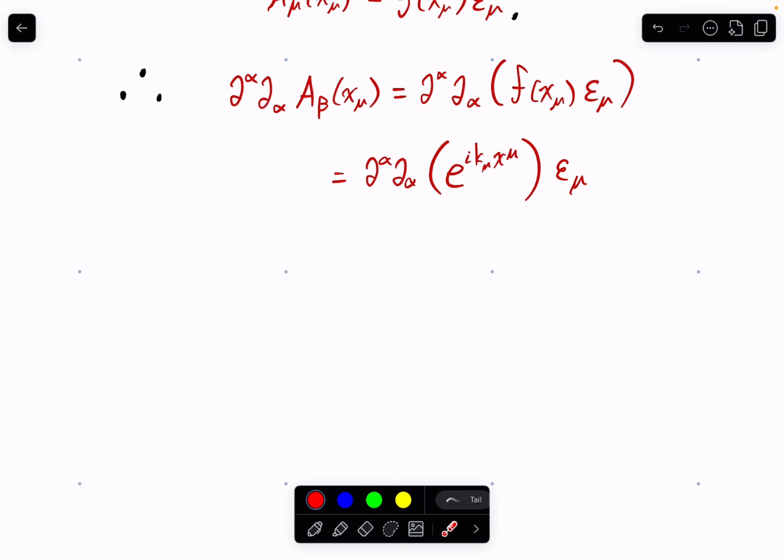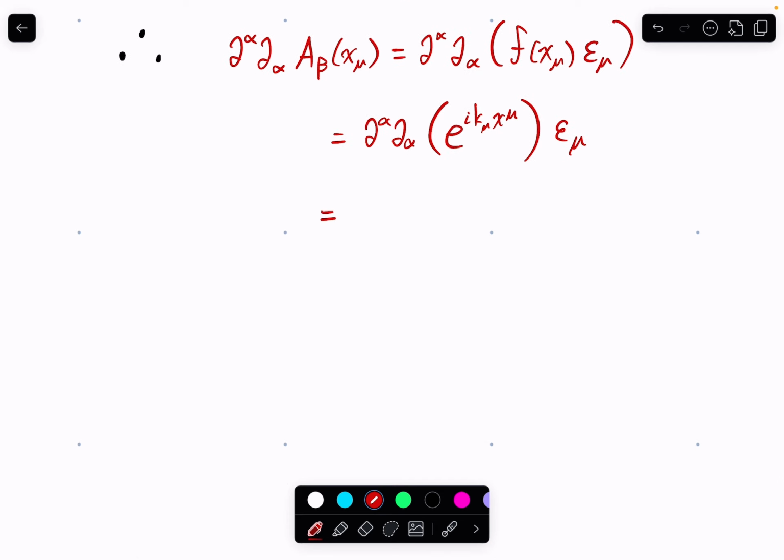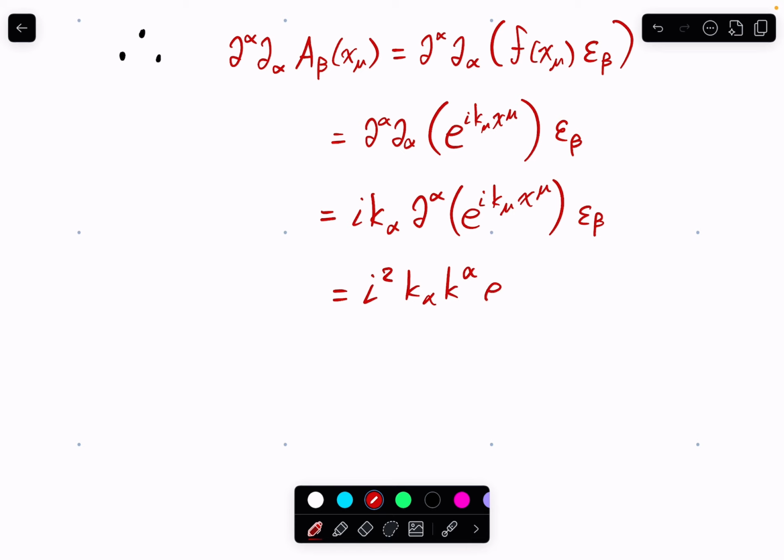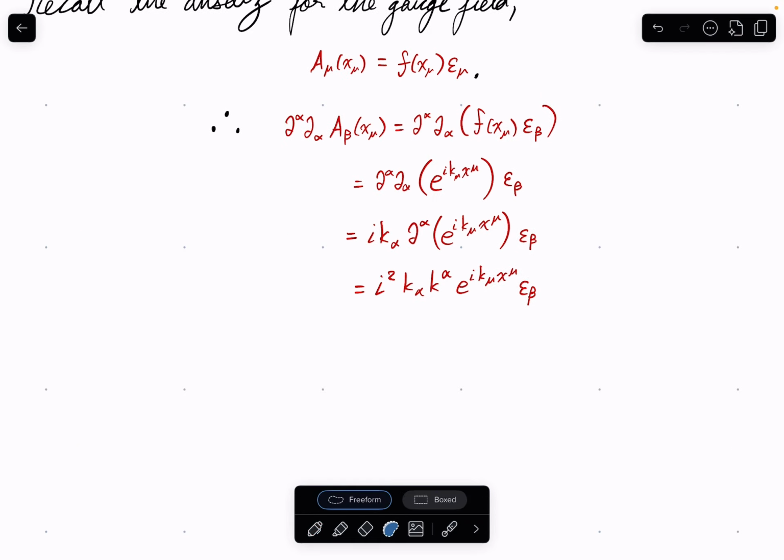The derivatives will only affect this quantity here. Taking the derivative, first we get an i and then a k alpha down here. Oh, and I made this mistake in my notes and then had to correct it. This right here should be a beta. So we get i k alpha, partial alpha of e to the i k mu x mu epsilon beta, which just gives an i squared k alpha e to the i k mu x mu epsilon beta.